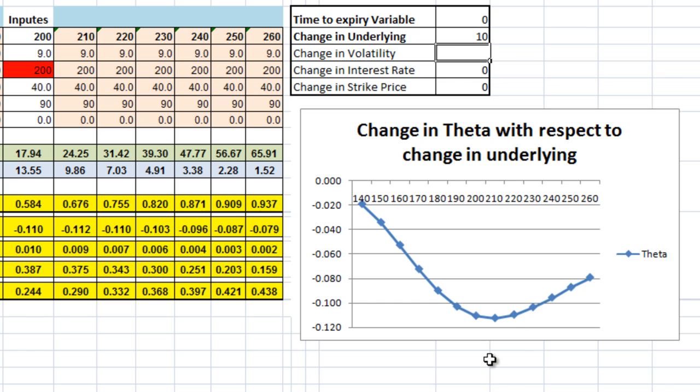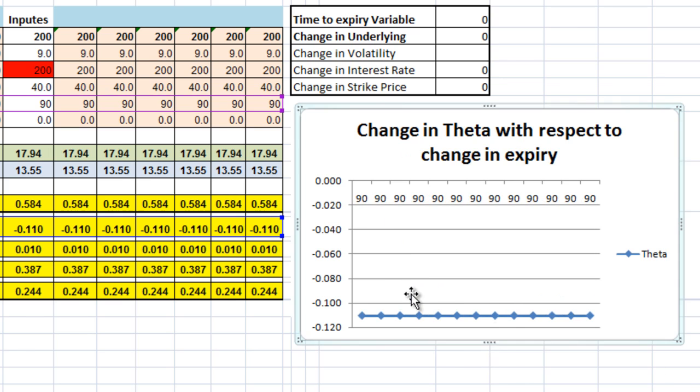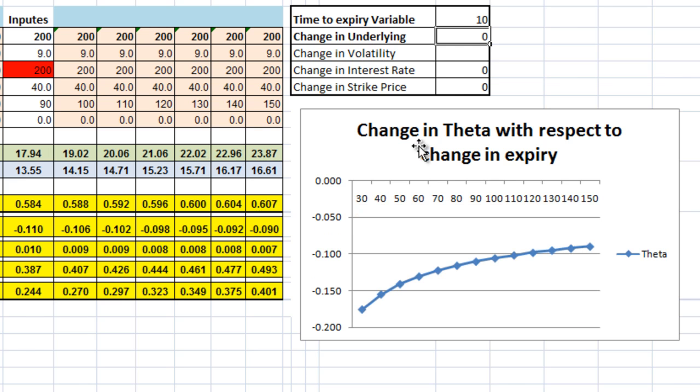Now let's understand change in theta with respect to change in time or the expiry. Let's say all the factors remaining the same, time to expiry increases or reduces. So I see here, if the contract has a longer expiry period, the theta is low.